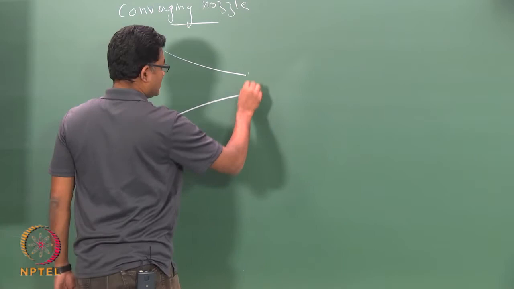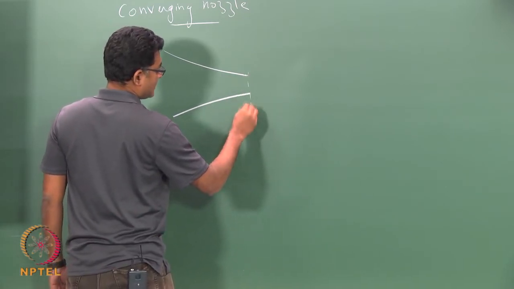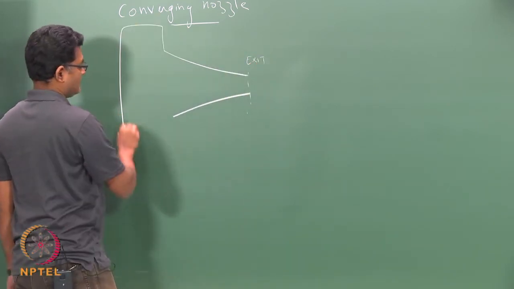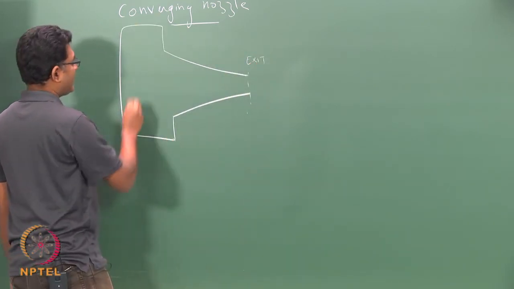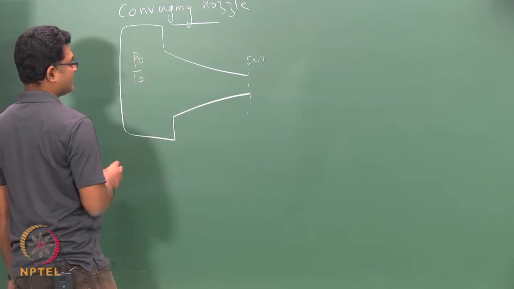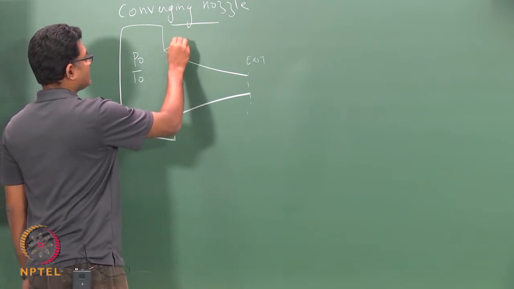This has some particular exit area. So, this is my exit. This is supplied from a tank where the pressure is P0 and temperature is T0. So, this is my inlet.